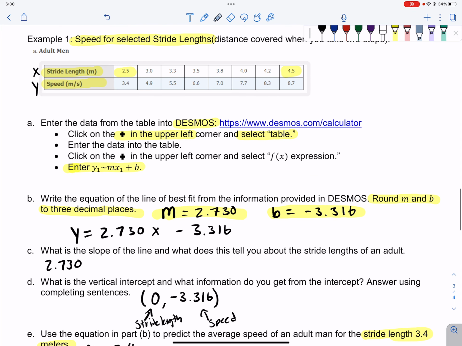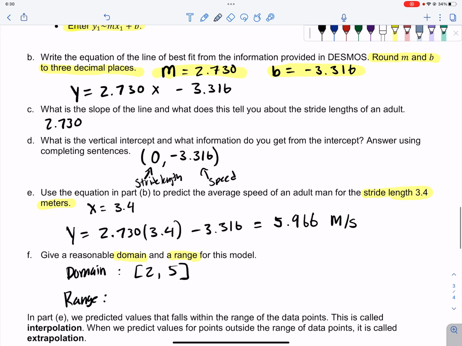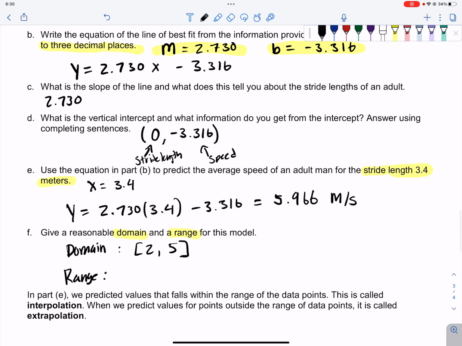So here, if we look at the table, my lowest y value is 3.4, and the highest y value is 8.7. So maybe we can round those a little bit and say that our range is going from like 2 to 10 for a reasonable range that we might have for this model.